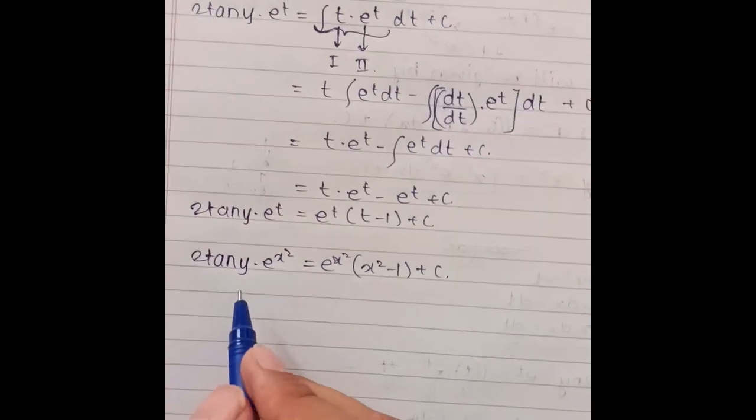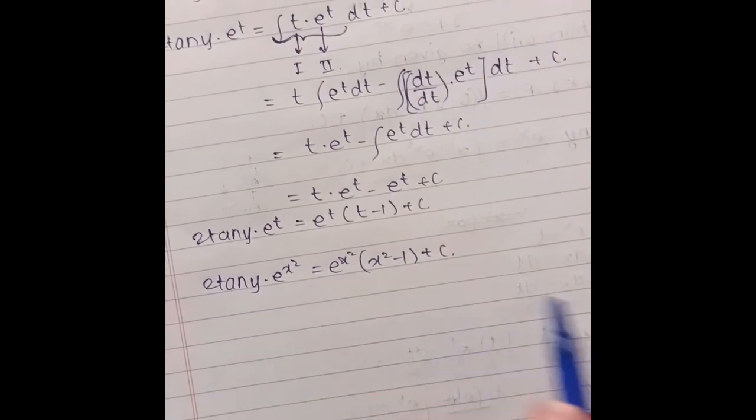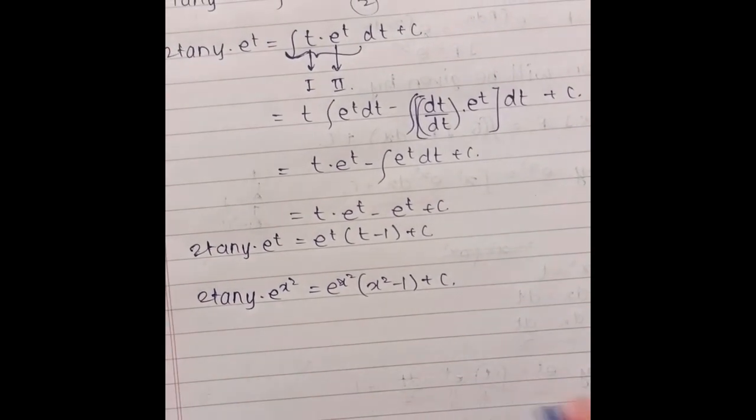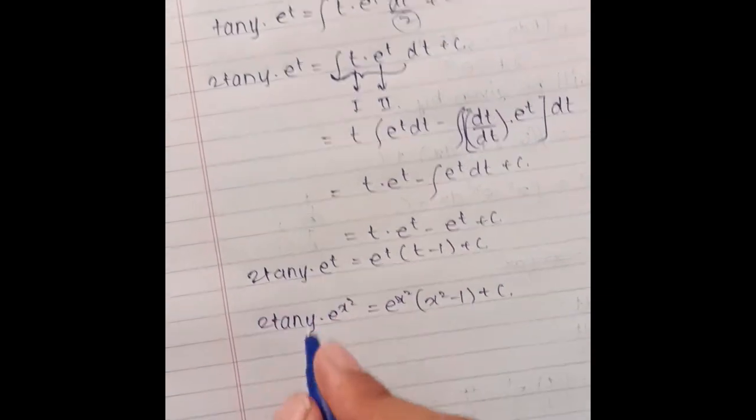So this is our final answer. As we can see, we can further modify the given equation by dividing by 2 or something, but this is a form of the solution.